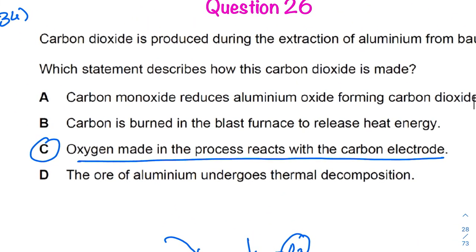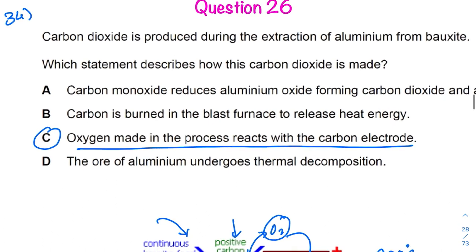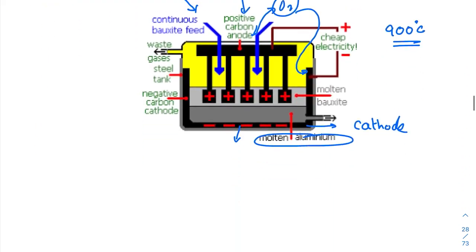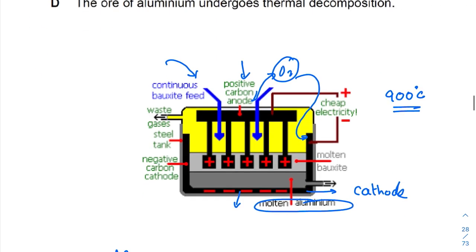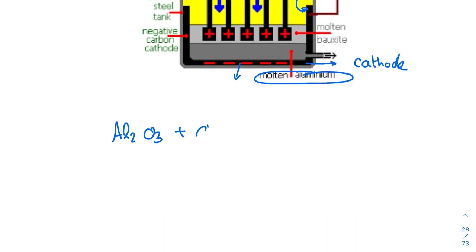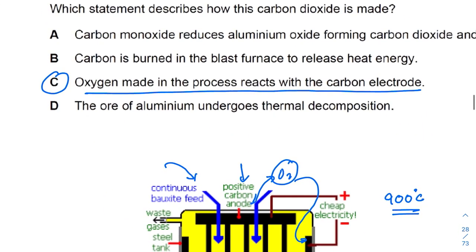Why not options A, B, D? Going to option A, carbon monoxide reduces aluminium oxide. So he says aluminium oxide, Al2O3, plus carbon monoxide gives rise to carbon dioxide, which is not possible because carbon cannot replace aluminium. Aluminium is more reactive than carbon, so this reaction is not possible at all.